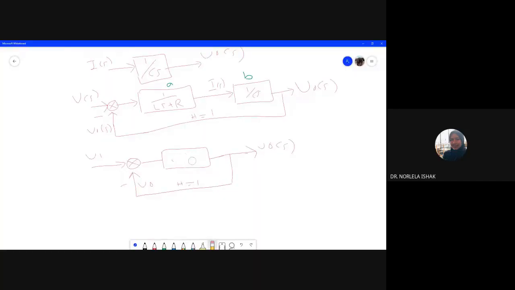Okay, this is considered our 1 over LS plus R multiplied with 1 over CS. Is it correct? Like this? Yes.